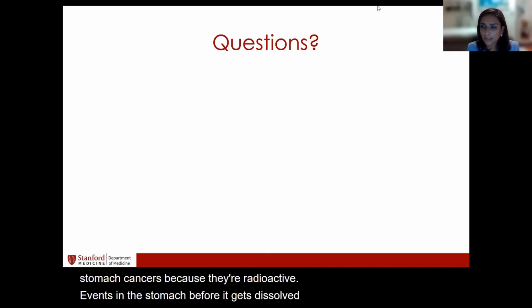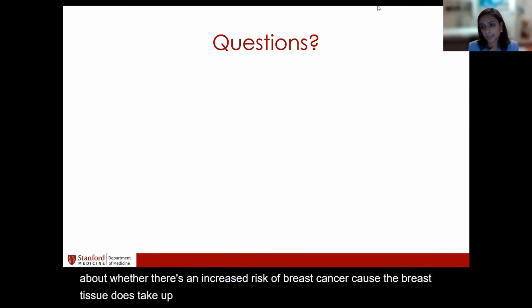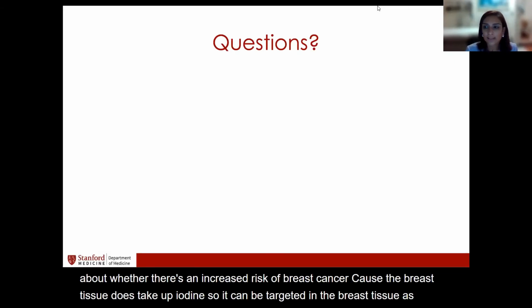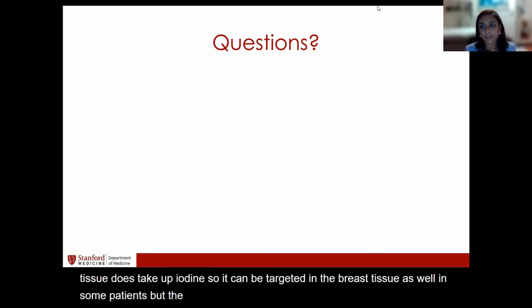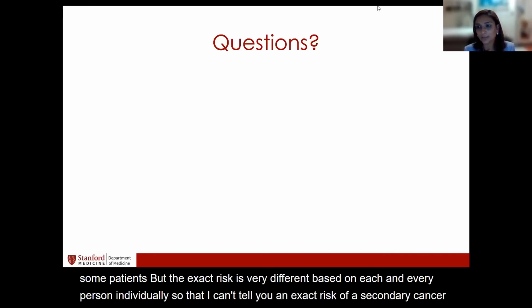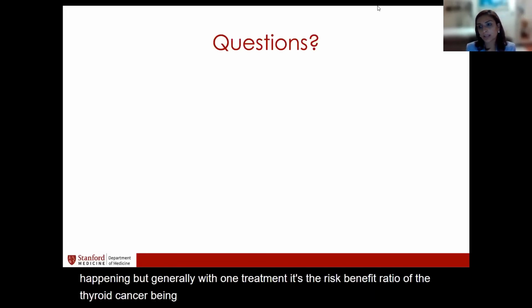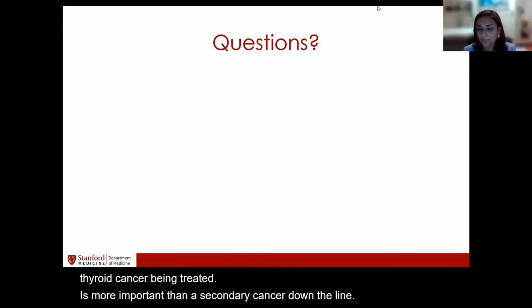And there's some question about whether there's an increased risk of breast cancer because the breast tissue does take up iodine, so it can be targeted in the breast tissue as well in some patients. But the exact risk is very different for each person individually, so I can't tell you an exact risk of a secondary cancer happening. Generally, with one treatment, the risk-benefit ratio of the thyroid cancer being treated is more important than a secondary cancer down the line. Okay, thank you.